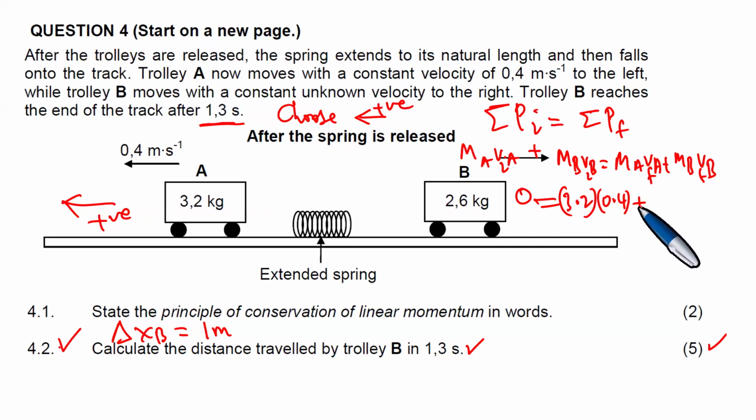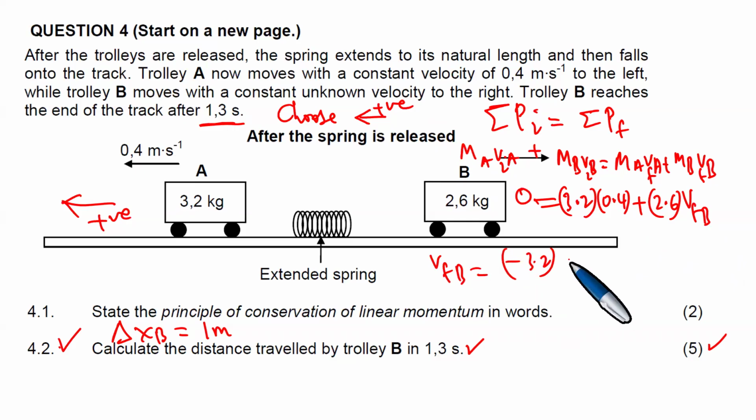The mass of B is 2.6. And then we have the final velocity of B, which means that the final velocity of B is minus 3.2 times 0.4 divided by 2.6. And this is minus 0.49 meters per second.